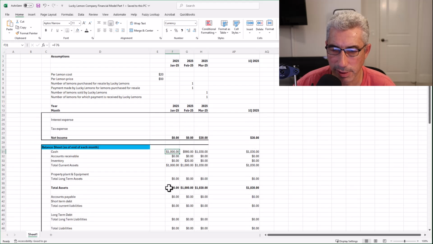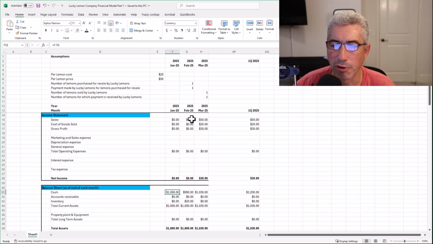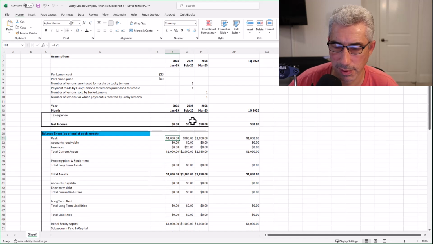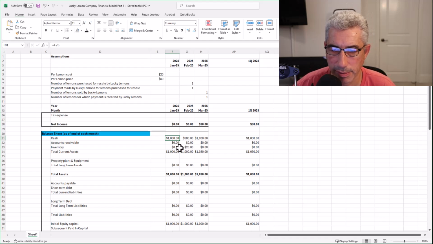Okay, so that's that. In February, we purchase a lemon for $20. So that is represented here by inventory going up, increasing to $20. And you'll see the formula here.